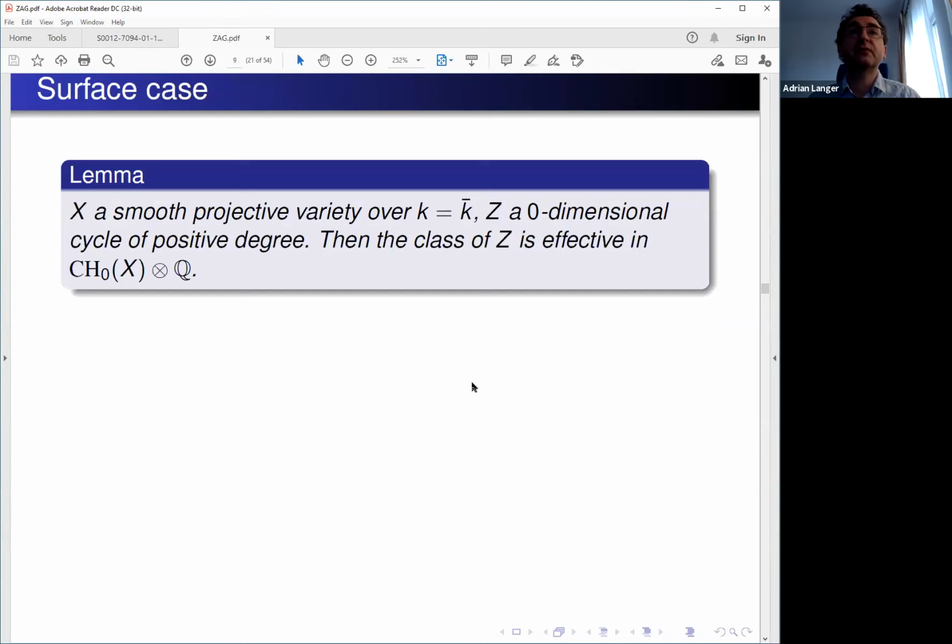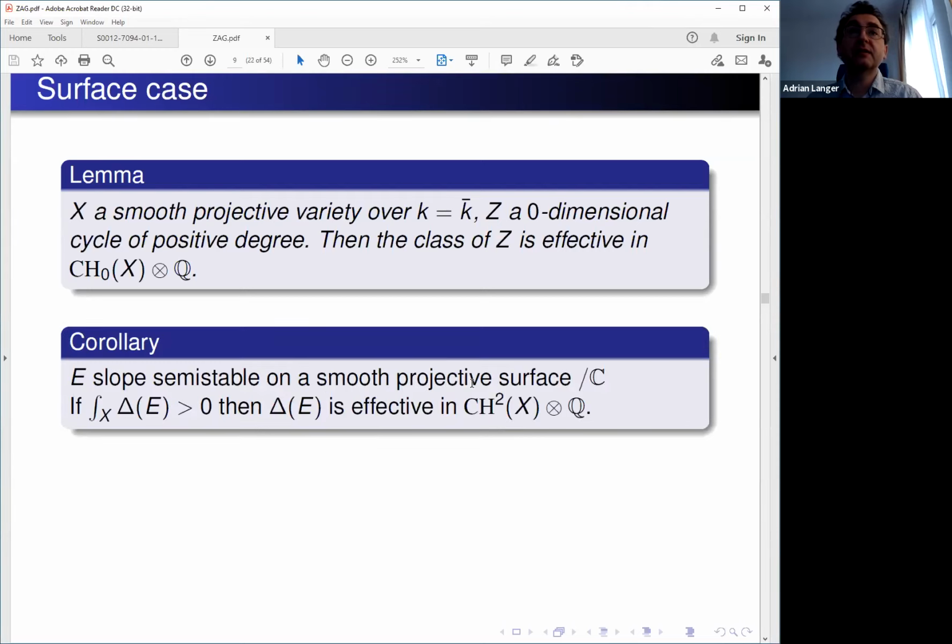It's easy to see that if you have a smooth projective variety over an algebraically closed field and a zero-dimensional cycle that has strictly positive degree, then its class is effective in the group of zero-dimensional cycles in this Chow group.